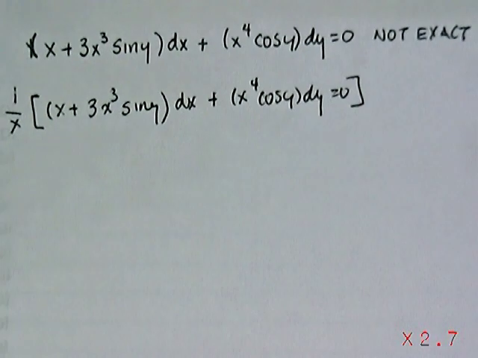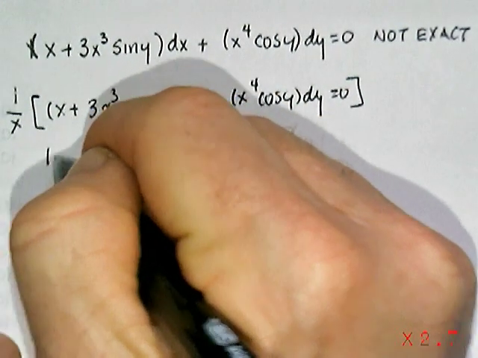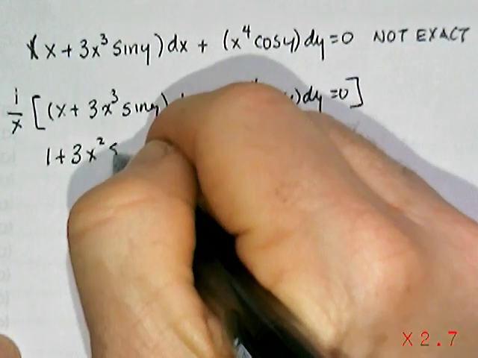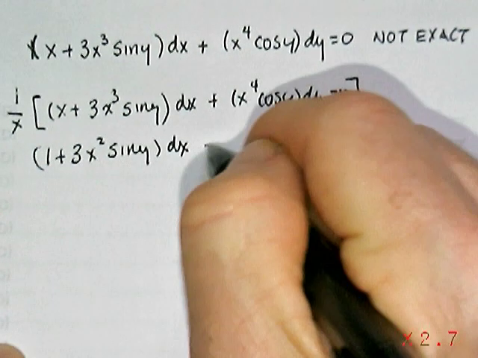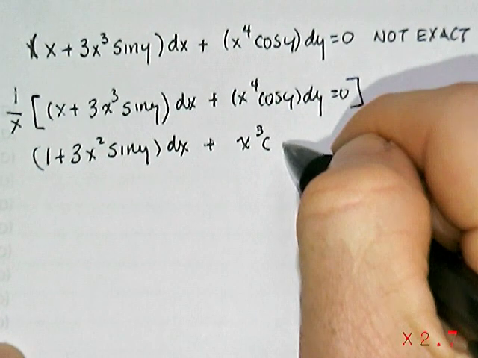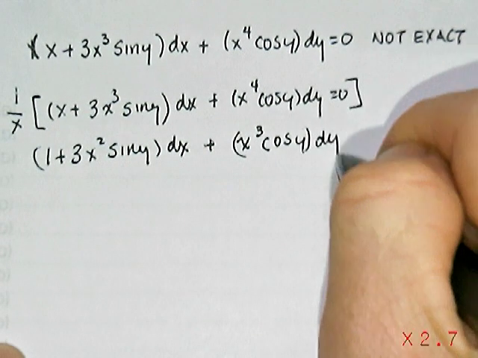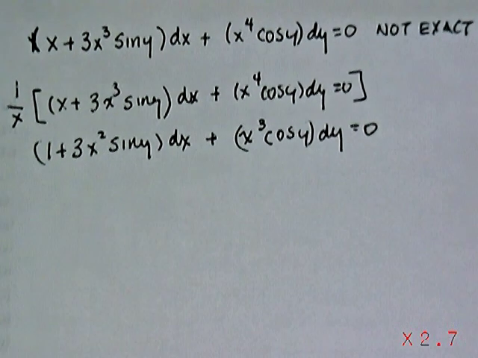Go ahead and divide through by that. x will multiply by 1 over x, and what we have then is 1 plus 3 quantity x squared sine y, all that times dx, plus of course x cubed cosine y, all times dy equal to 0. Making the assumption, of course, x would never be 0 for this equation.